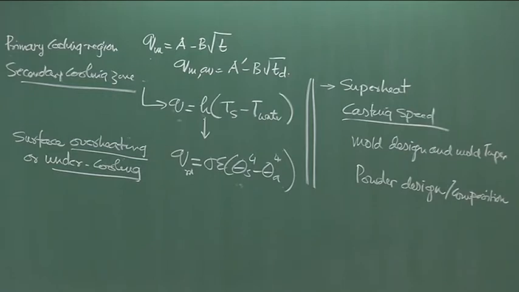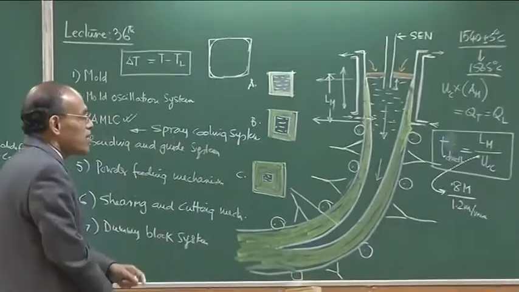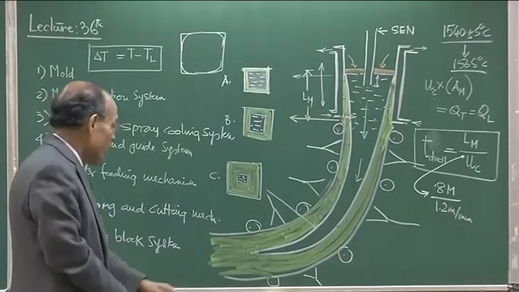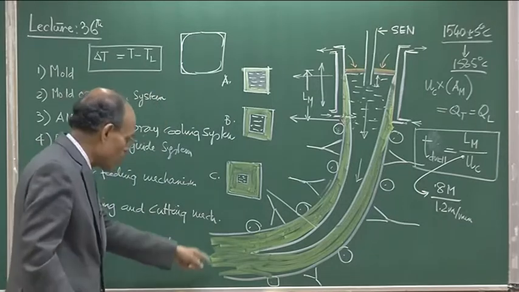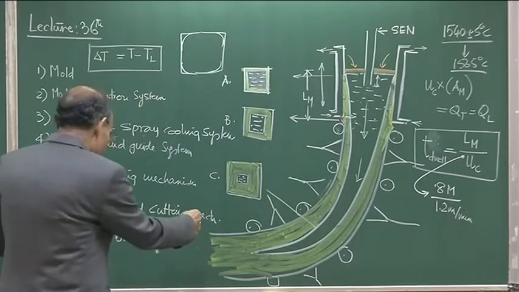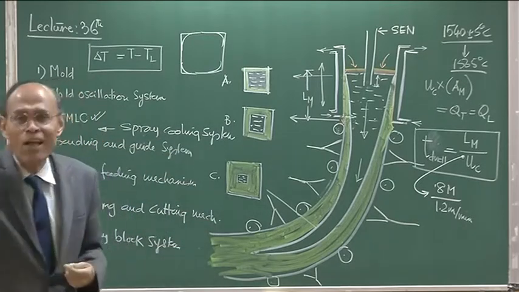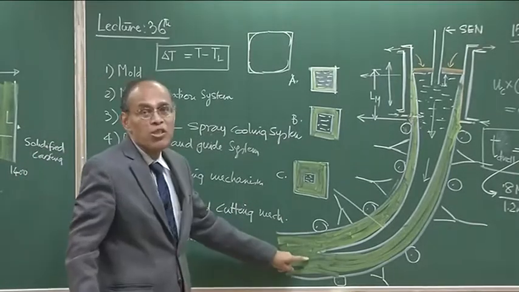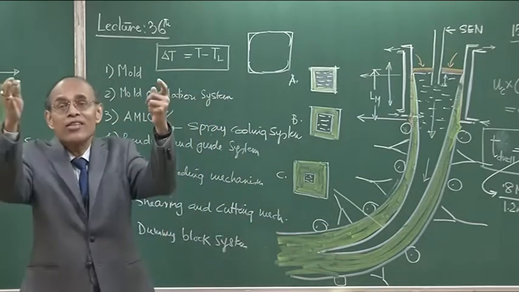After some distance, the cutter chops off the strand to the requisite size, and these are then moved and stacked. This is a very important exercise: once the blooms, billets or slabs are taken, the outside temperature could be about 800, they are absolutely red hot, so more than 800 degrees centigrade. Inside temperature could be as much as 1200 degrees centigrade, and these pieces are lifted by crane and stockpiled.